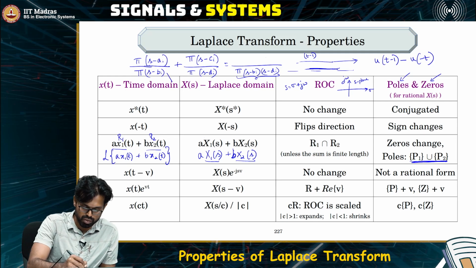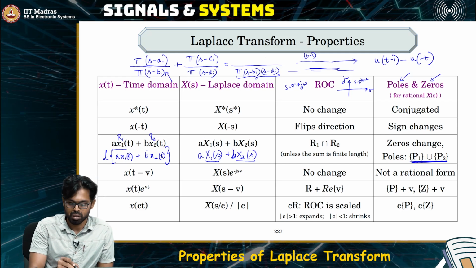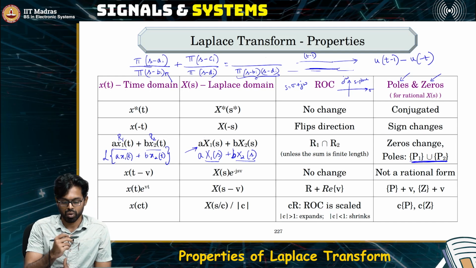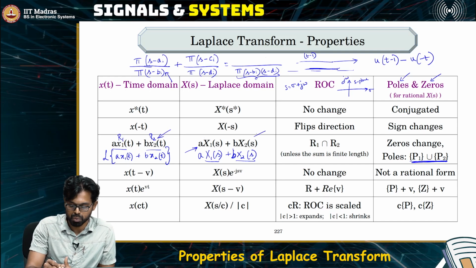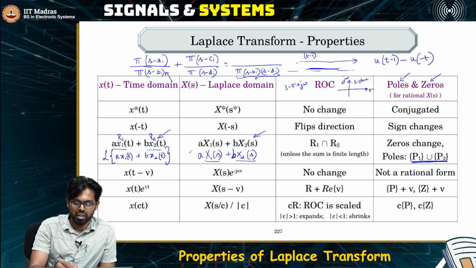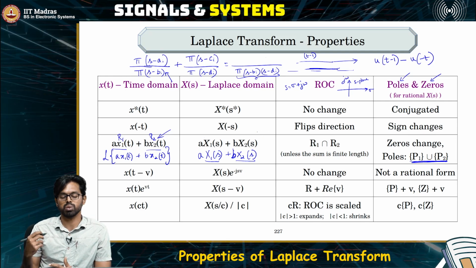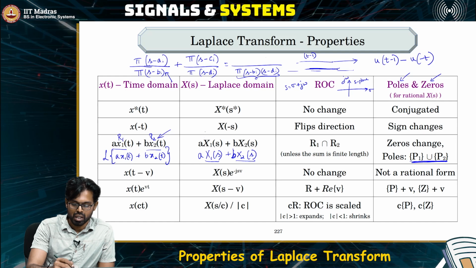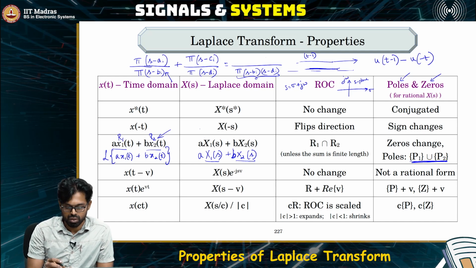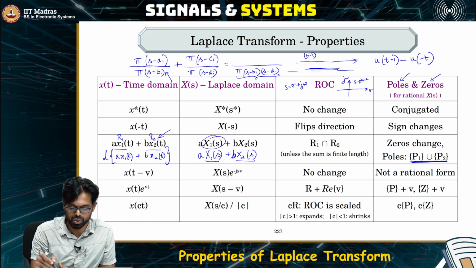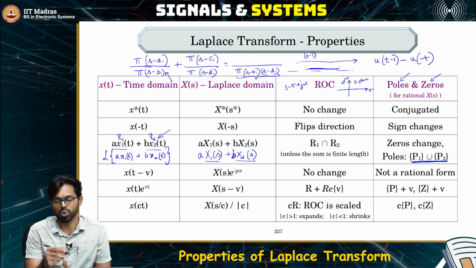Whatever was the pole for x1 will also remain as a pole for this summation, and whatever was the pole for x2 will also remain as a pole for this summation. Intuitively that is true, because what happens to the Laplace transform at the pole? The Laplace transform goes to infinity. So if one of the terms goes to infinity, then the summation will also go to infinity, right?